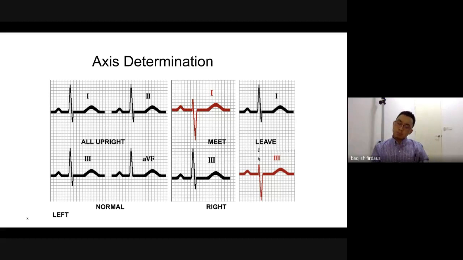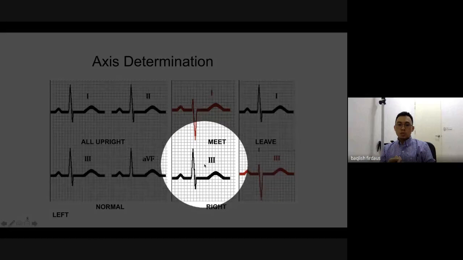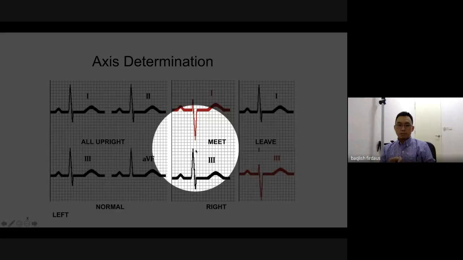So I know during ward rounds or during bedside teaching, we always ask about axis determination: left axis deviation, right axis deviation, or normal axis. It's very easy actually. We just look at lead 1 and lead 3. It will be right axis deviation if lead 3 is positive and the lead 1 S wave is deep.